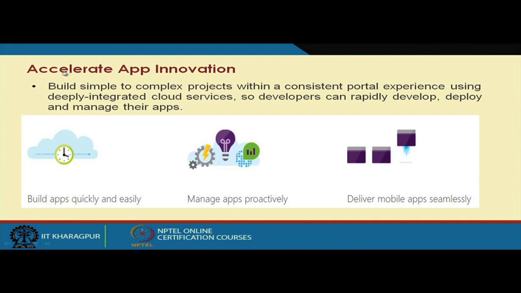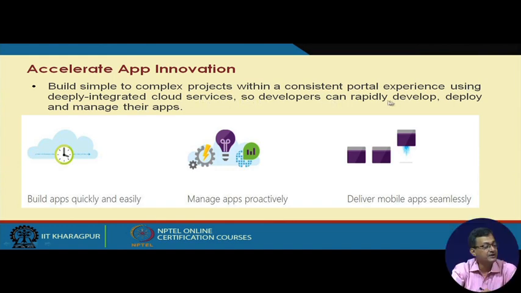The other thing is to accelerate app innovation: build simple to complex projects within a consistent portal experience using deeply integrated cloud services. So, developers can rapidly develop, deploy and manage their applications. Exactly as we have discussed earlier, one of the reasons we are going for cloud is that I need to rapidly develop, deploy and manage applications.